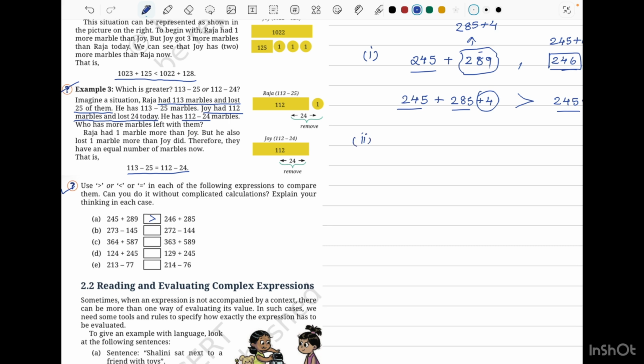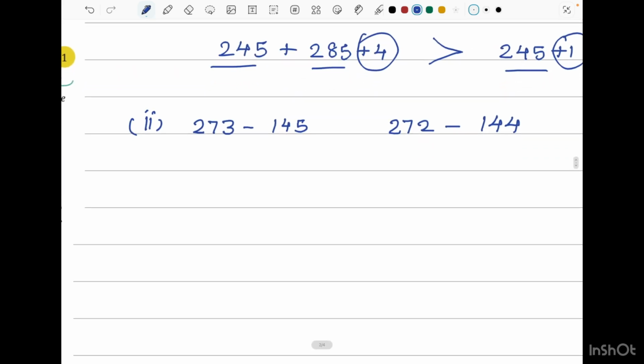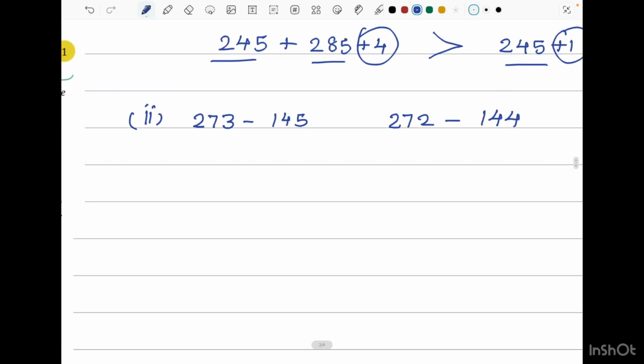Next question: 273 minus 145 and 272 minus 144. So look at these two numbers. First 273 and here 272, which is less. So we can split this number as 272 plus 1.